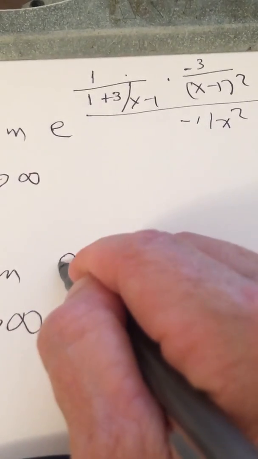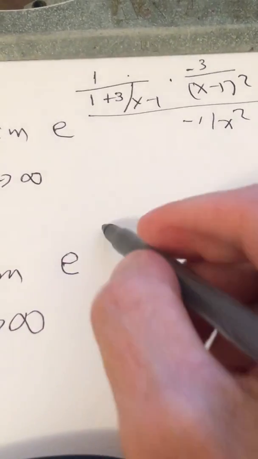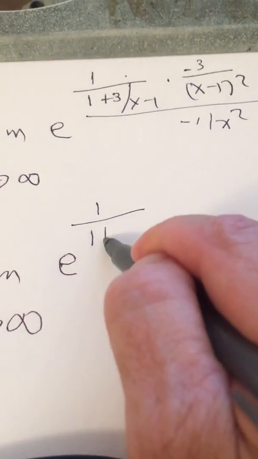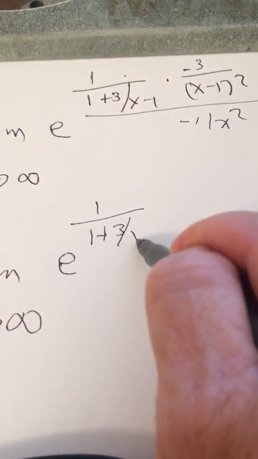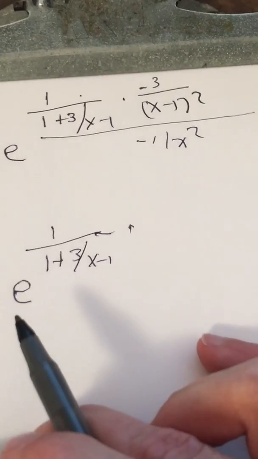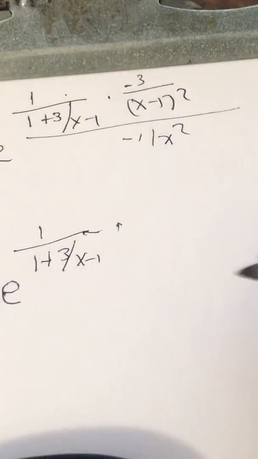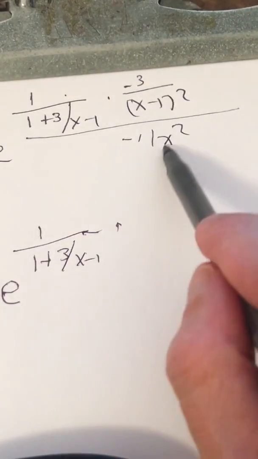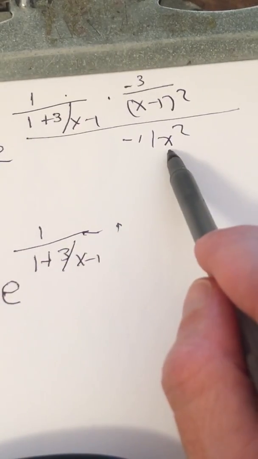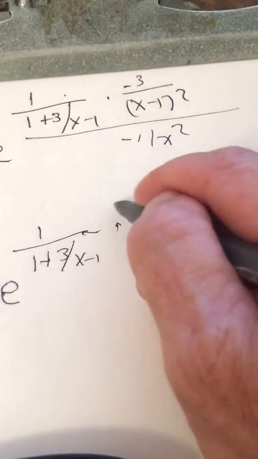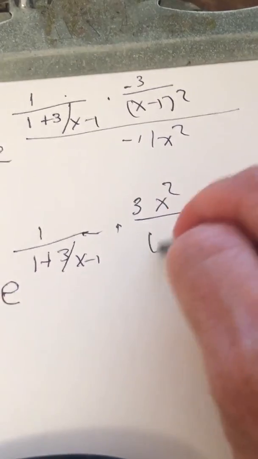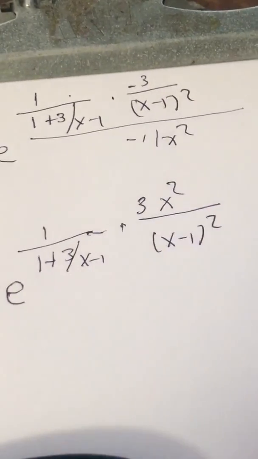So I have e to the 1 over 1 plus 3 over x minus 1 times, see, if I divide by 1 over x squared, that's like having an x squared in the numerator, so I have 3x squared over x minus 1 squared.